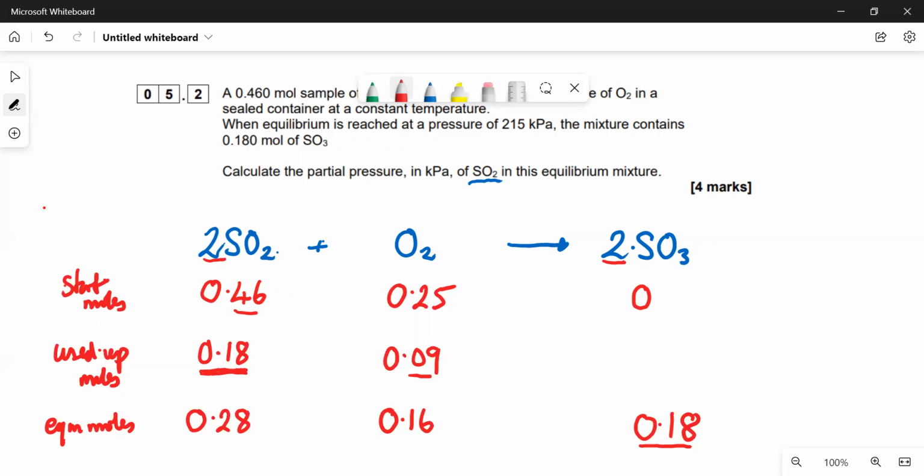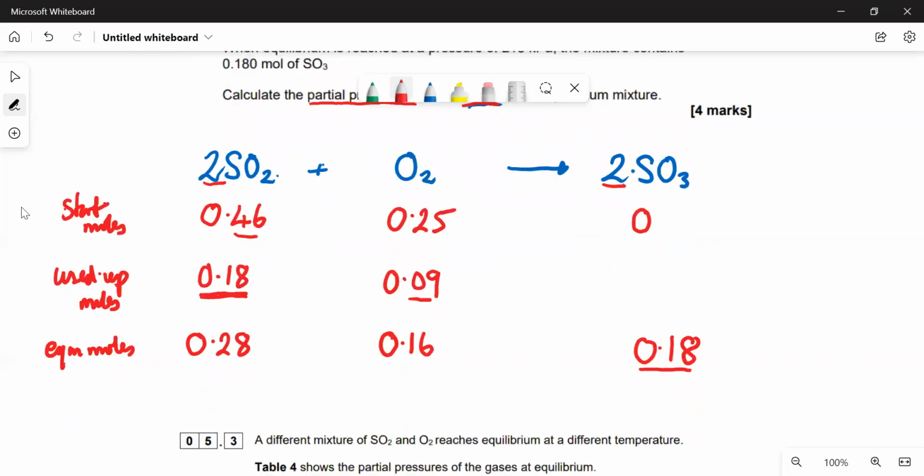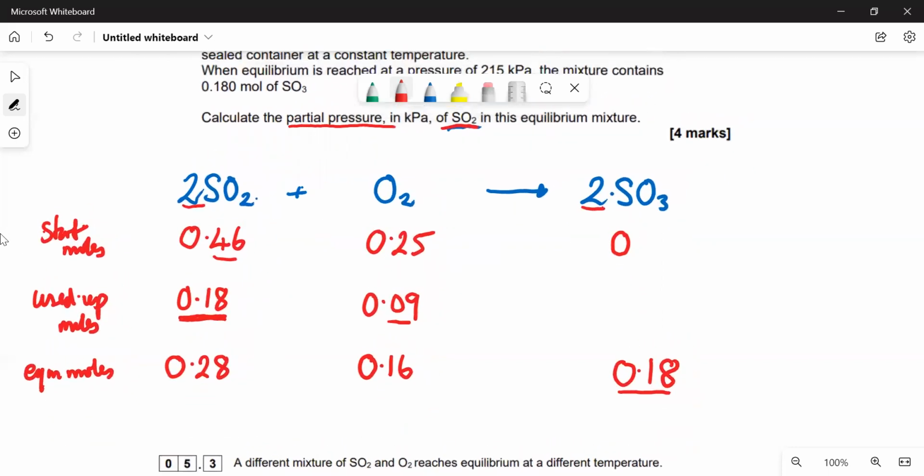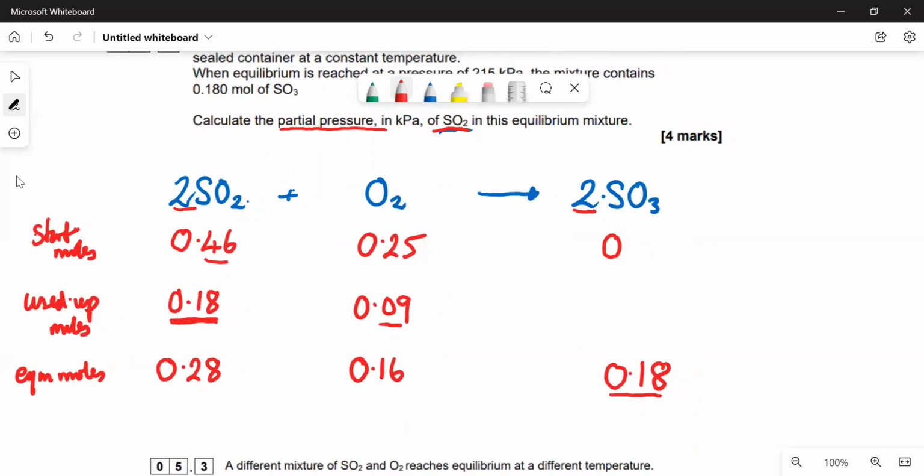We need to work out the partial pressure. So we need to work out the mole fraction of the SO2. So we need to work out the total number of moles at equilibrium. Write this down on the side here because we're running out of room a bit.